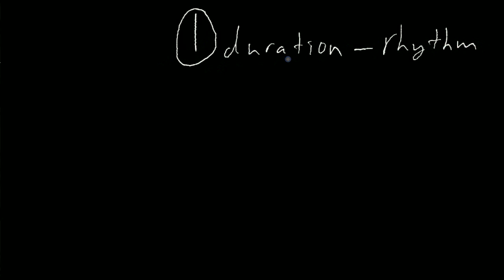So I'm just going to call that duration. So how long a note lasts. And I'm also going to call this rhythm. So duration or rhythm. That's kind of the first thing, the first characteristic of what you should be looking at when you look at a piece of sheet music.